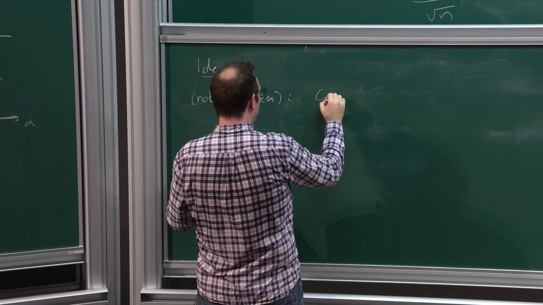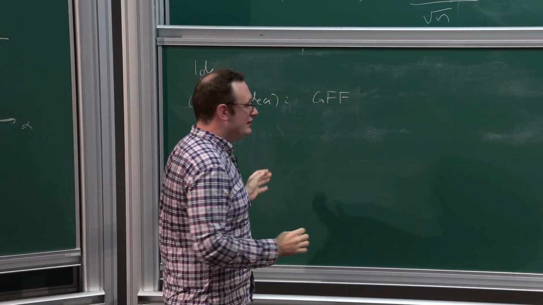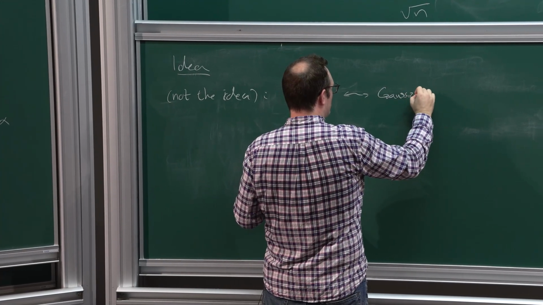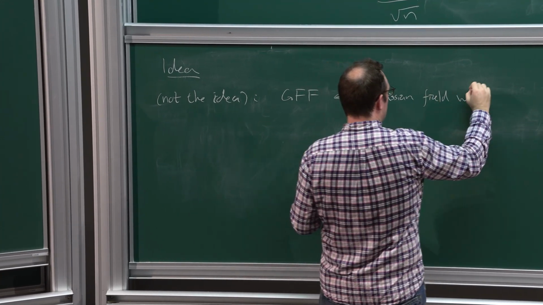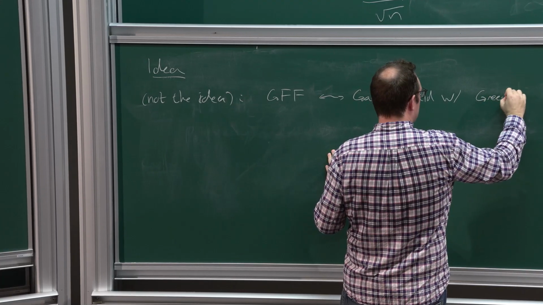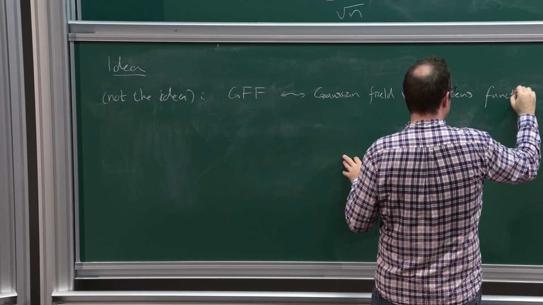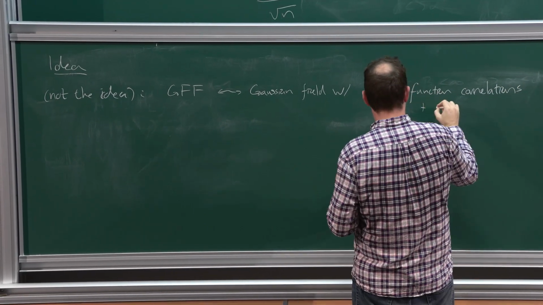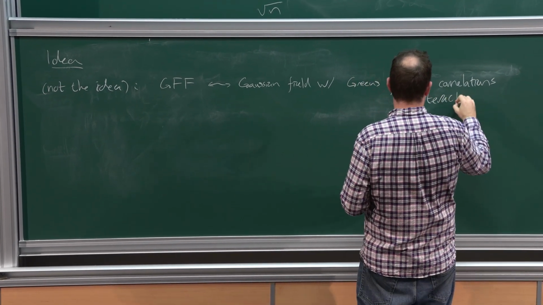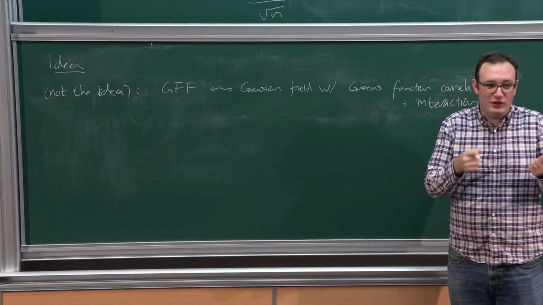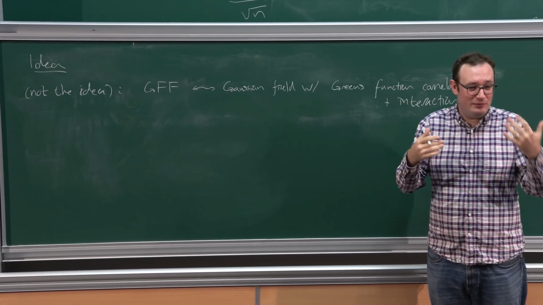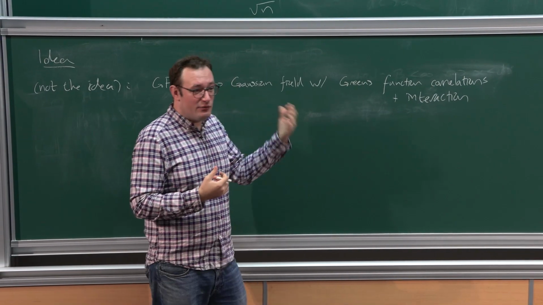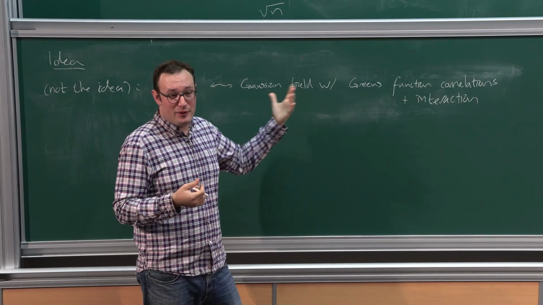You start with the GFF, which is the Gaussian field, which in the short-range case has Green's function correlations, plus some kind of interaction. In other words, you weight this measure by something, maybe depending on some local observables. Okay, and you try to understand what this interaction does at some appropriate critical point.